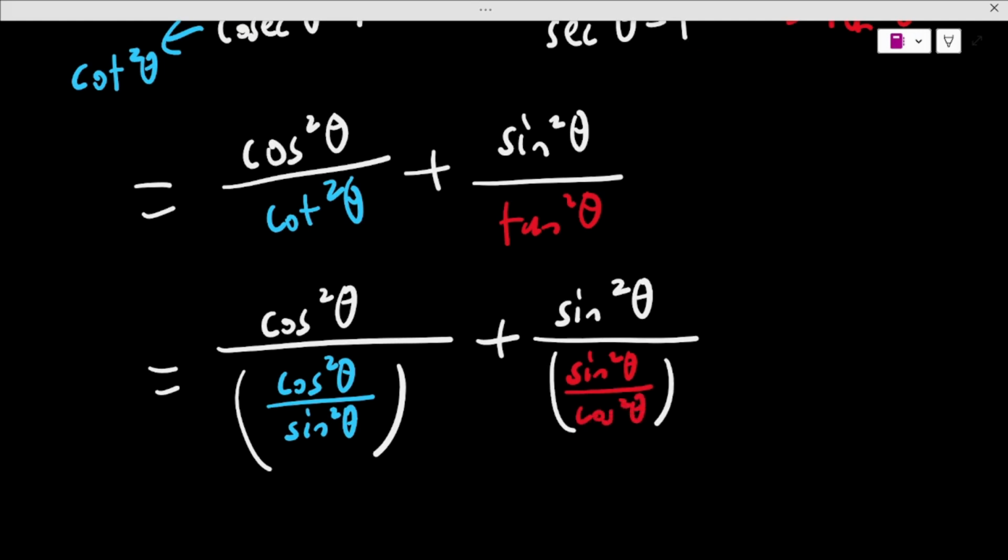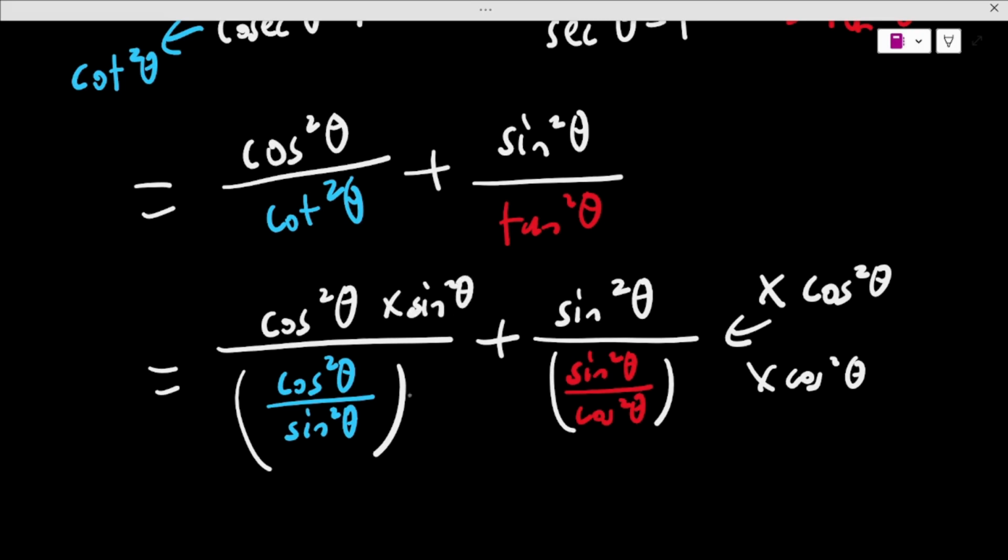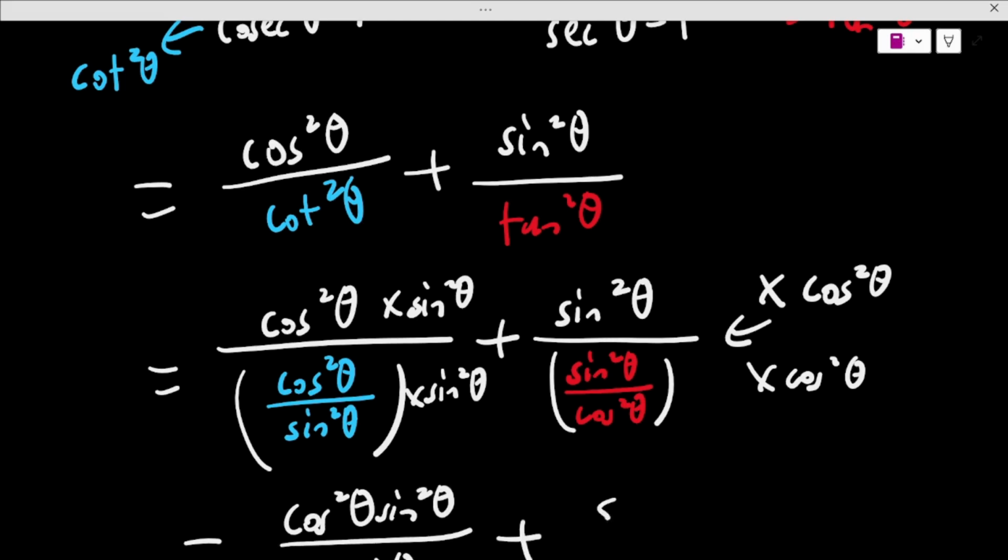So for this fraction, we are going to be multiplying the numerator and denominator by cosine square theta. For this, we are going to times sine square theta. So this is equal to cosine square theta sine square theta over cosine square theta plus sine square theta cosine square theta over sine square theta.